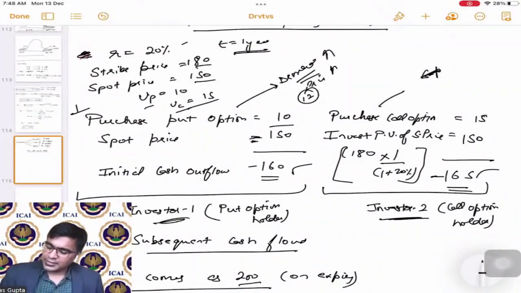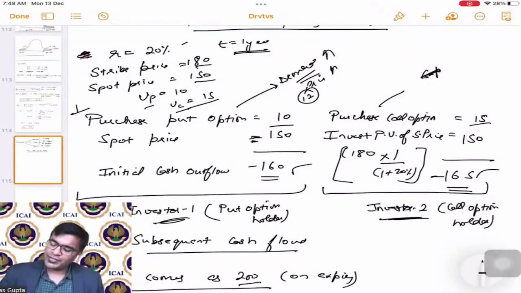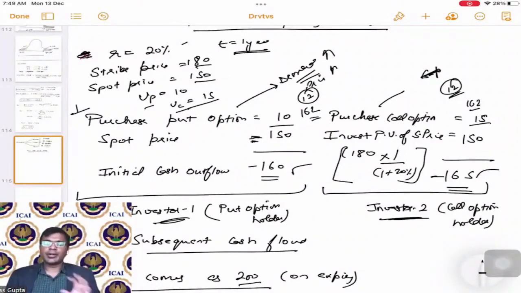And since this investor two option is non-viable, the supply will increase and the demand will decrease. Since the demand will decrease and the supply will increase, it will bring down the value of the call option to somewhere around 12 rupees, so that both of them are at 162 and 162. This is what I'm trying to explain.